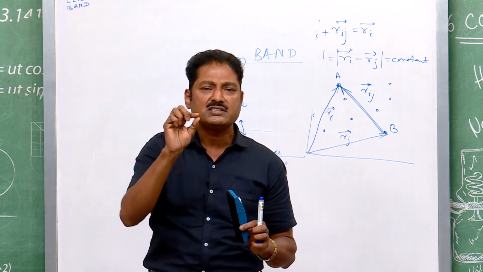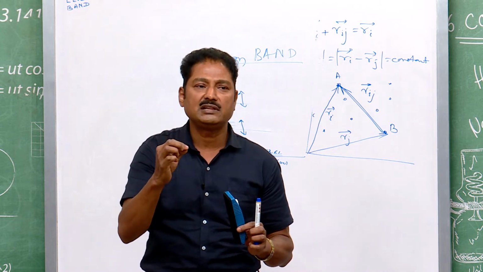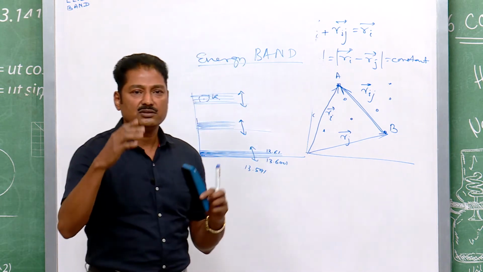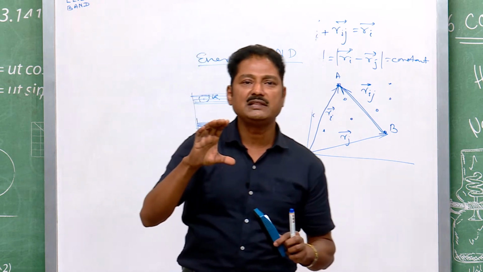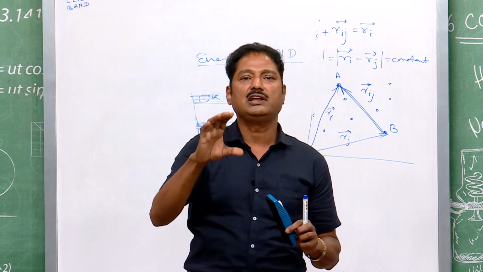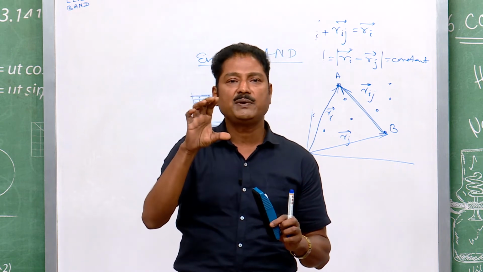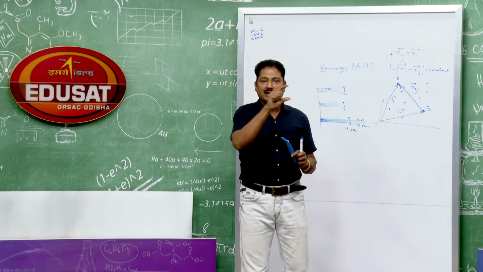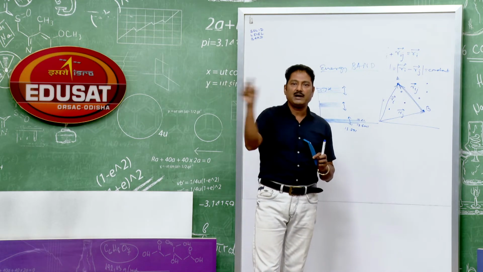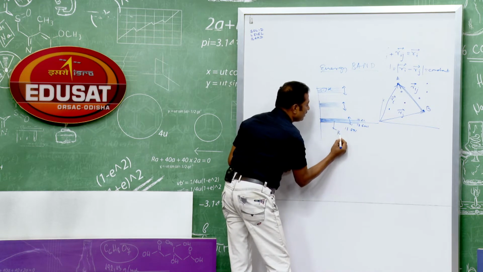So, its energy is slightly different, maybe more than that, maybe smaller than that. So, the range of energy possessed by the electron in a solid, not an isolated atom, is represented by a band, a patti, and that band is known as energy band.